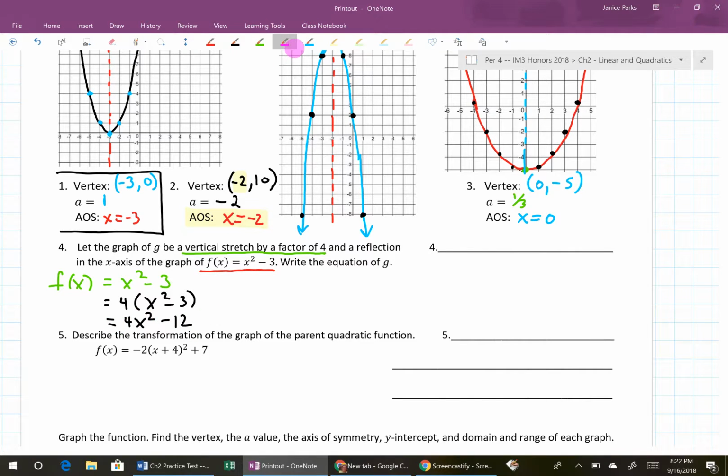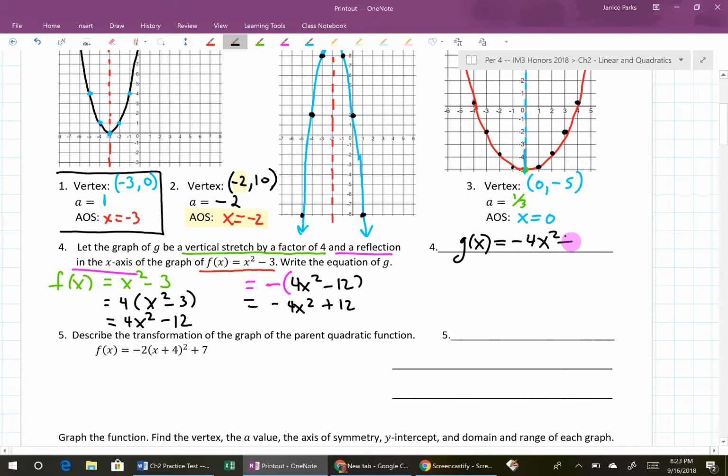The second part is a reflection in the x-axis. So that makes the entire graph negative, which gives you -4x squared plus 12. And that's your entire equation. So we have g of x is equal to -4x squared plus 12.